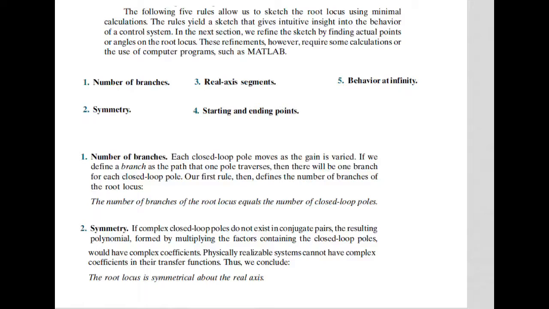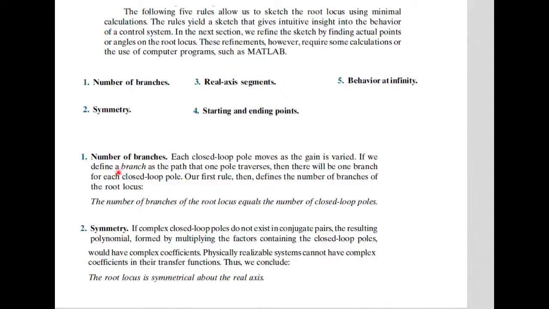Now how many branches are there in this case? As we have seen in the earlier example, we have 2 poles, and for those 2 poles there would be 2 branches, one moving upward and the second moving downward, as we discussed in the previous examples. Each closed loop pole moves as the gain is varied.